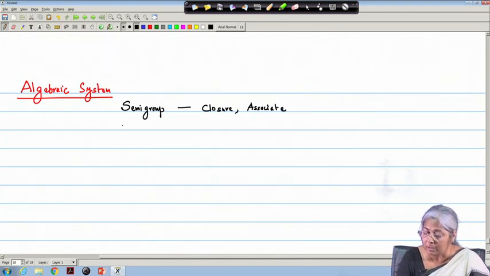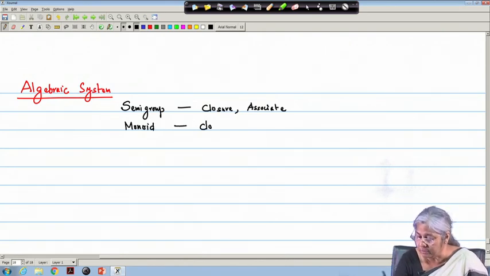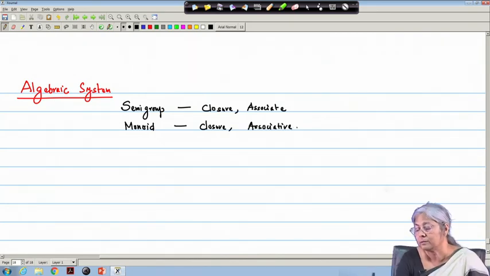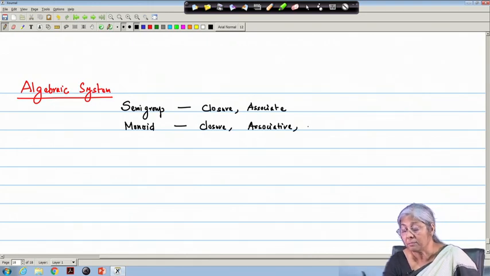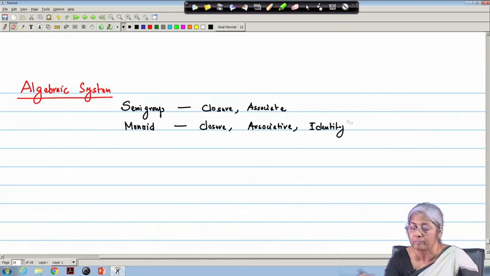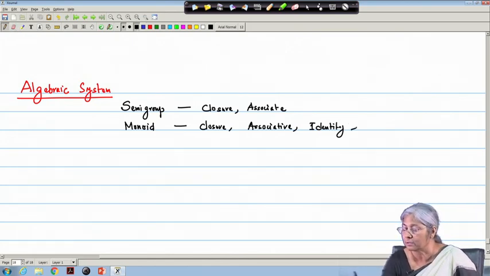Okay. And monoid, we have seen the closure, associative, and it has some identity element. Identity element exists.